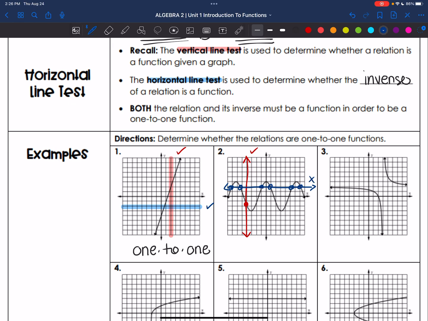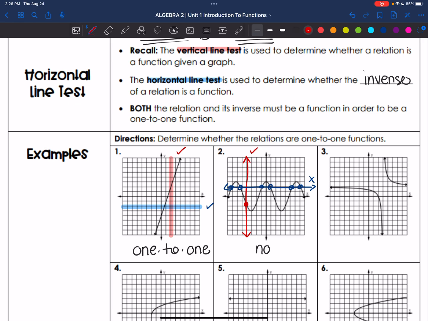Because I have touched many points with my horizontal line test, I know that the inverse here is not a function, so we would respond, no, this is not a one-to-one function. It's a function, but not a one-to-one function.